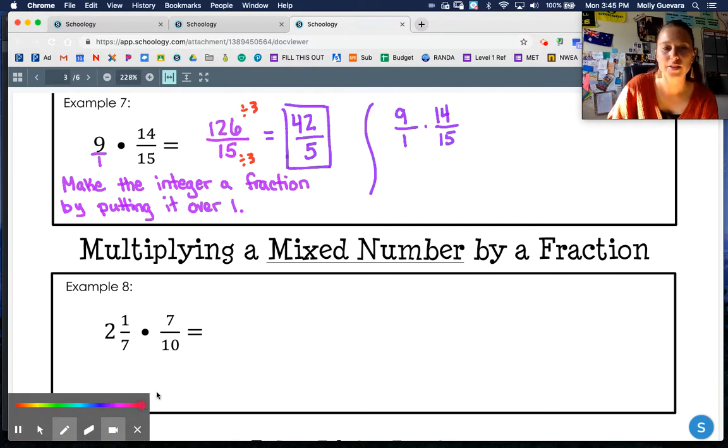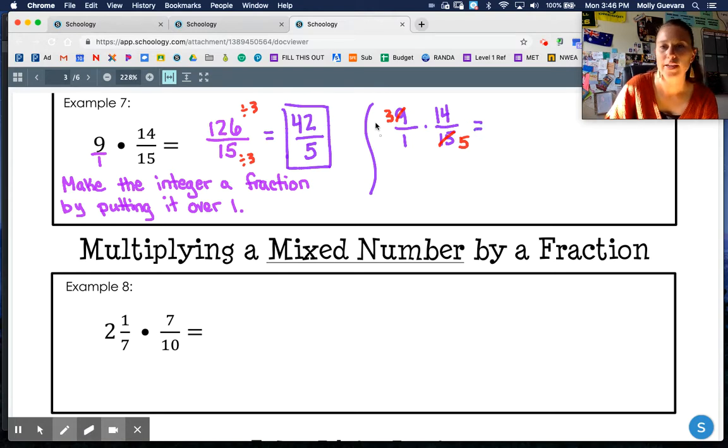Okay. Using the other method, I have 9 over 1 times 14 over 15. I do see that there's a common number between 9 and 15, and that common number is 3. So 9 divided by 3 is 3, and 15 divided by 3 is 5. There is no common number between 1 and 14, so those just stay.